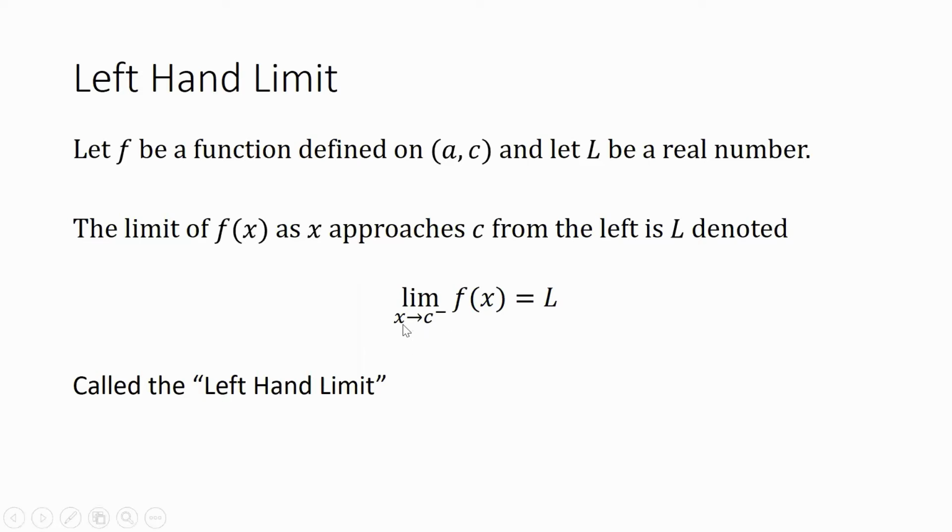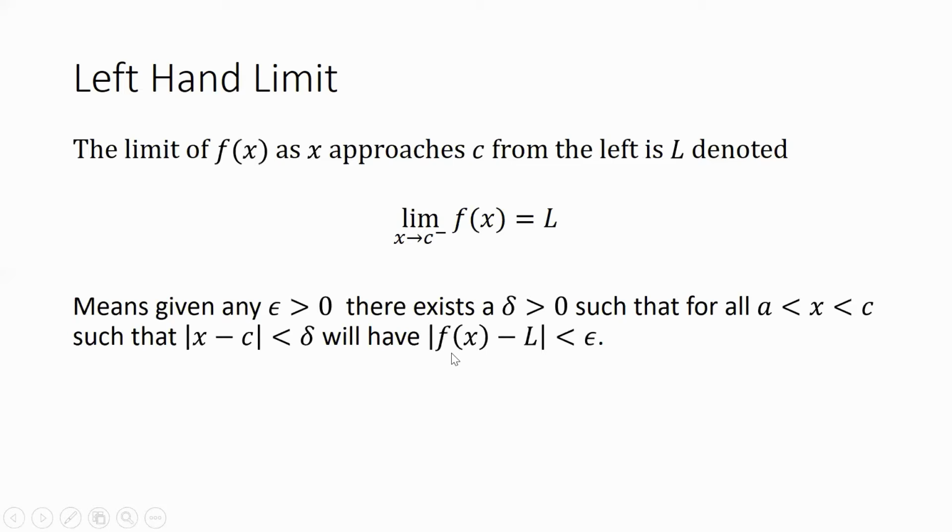Notice that it's the same notation as our limit notation, except since we want to say x is approaching c from the left, we use a little minus symbol in the exponent of c. That symbol is always going to be read as x approaches c from the left. When I say from the left, I mean from left to right. This is called the left-hand limit.